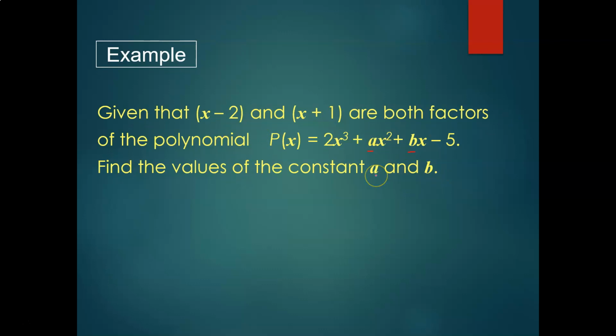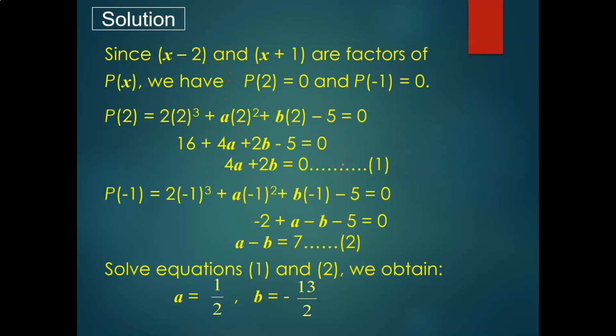So what happens is that when you have two factors, you're going to substitute both factors. You first need to find your x equal to 2, and the other one, x equal to negative 1. Both of these, you're going to substitute into the x of this. So you're going to obtain two equations like this.